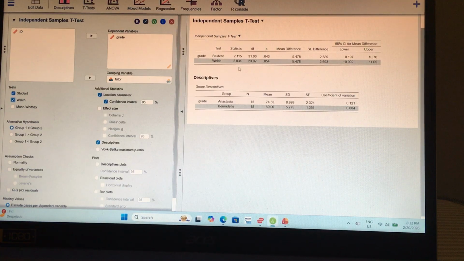So the student test and the Welch test have different strengths and weaknesses. If the two populations really do have equal variances, then the student test is slightly more powerful, and you would get a lower type 2 error rate than if you ran the Welch test.